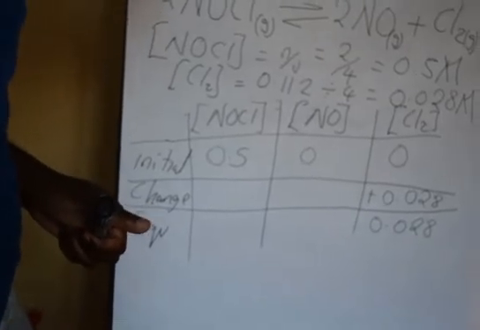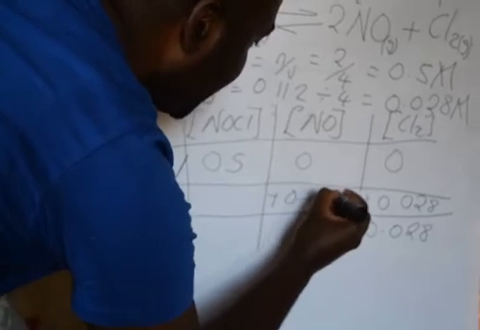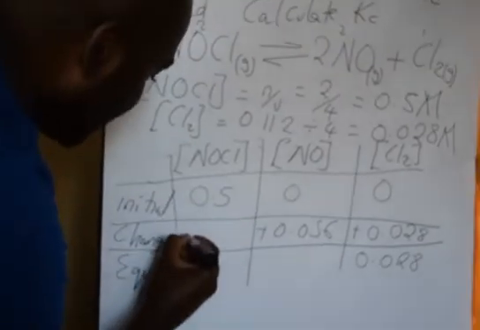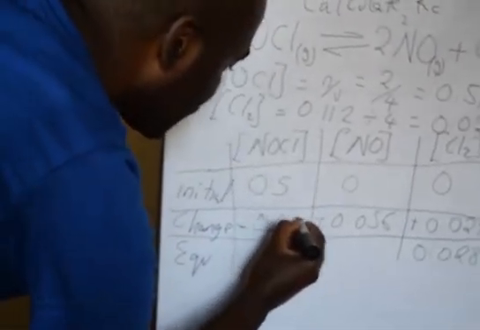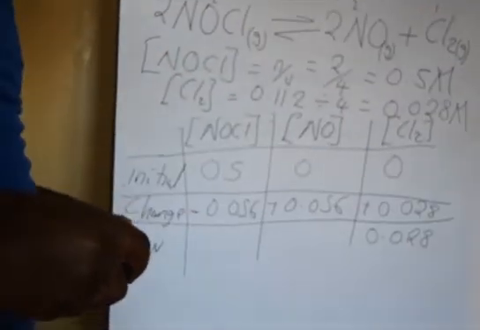So that's the reason why you multiply that one by 2, you get plus 0.056. Then for this one, it will be minus 0.056. Why minus? Because that one is used up. And you should make sure that the values here correspond to the mole ratios in this change row.